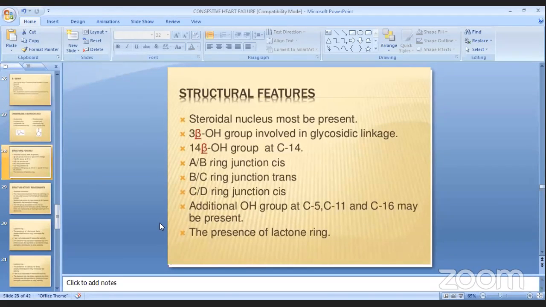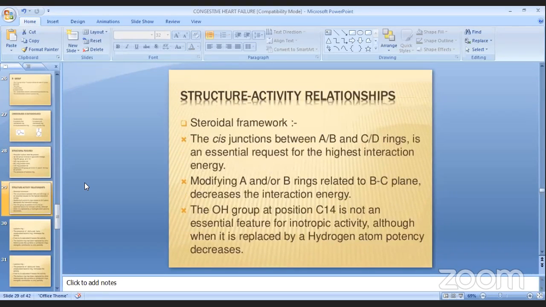An additional OH group is there at the C5 position, a CH3 group at C11, and the presence of a lactone ring at the 17th position.